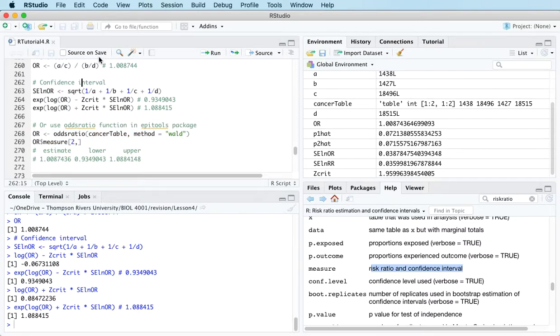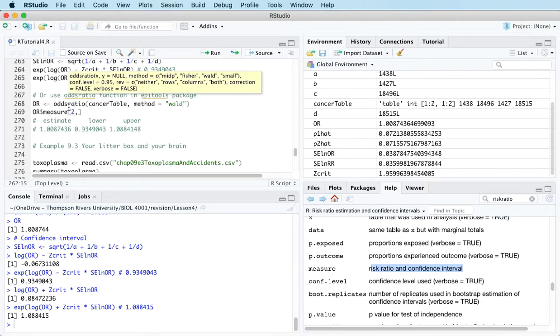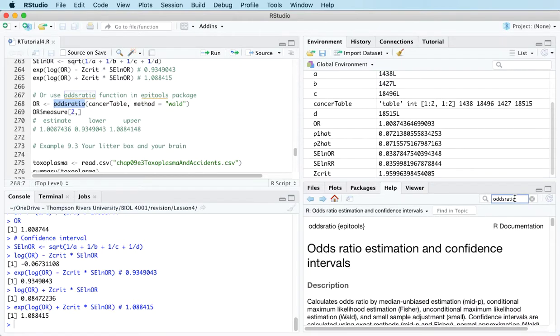So it's a little bit tedious. It takes some time, lots of scope for making calculation errors there. So again, there's a function that does all these calculations for us, and again, it's in the EpiTools package, and this one's called oddsratio. I could look up what that function does.